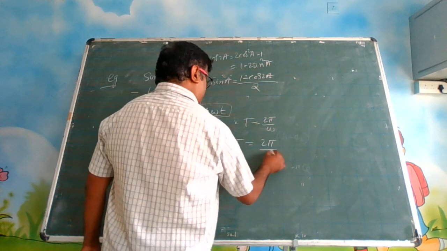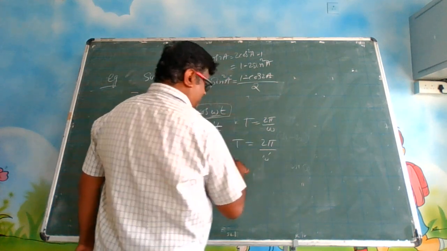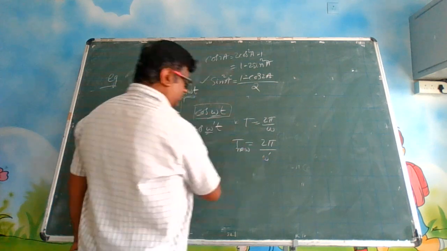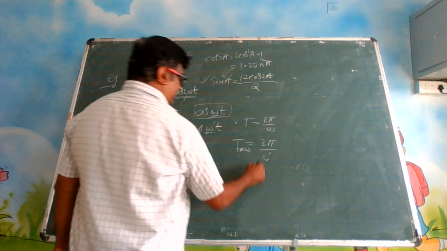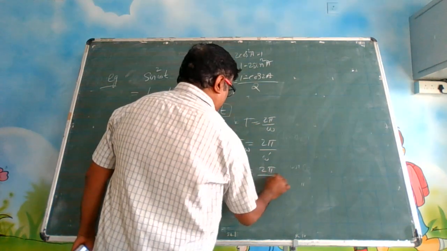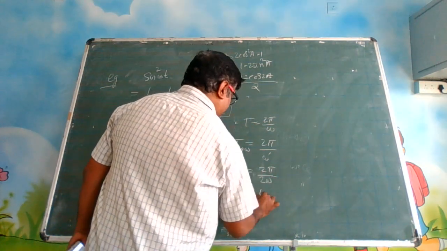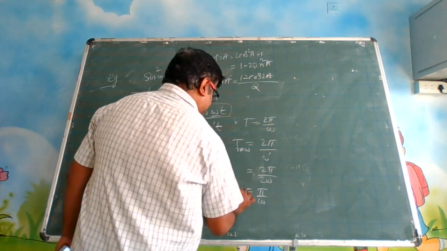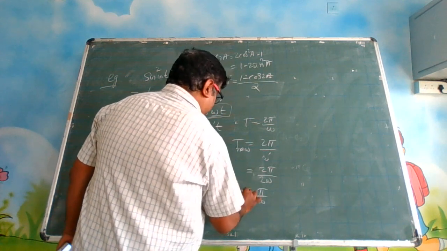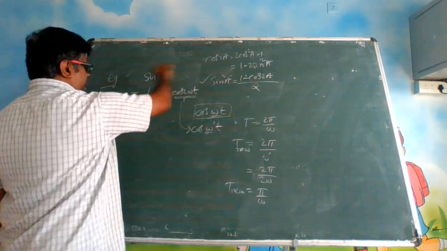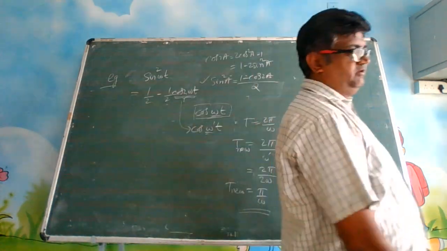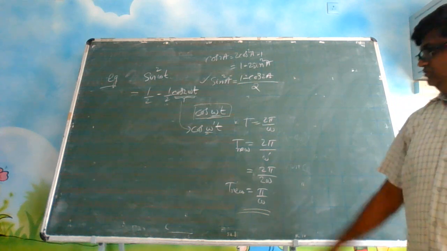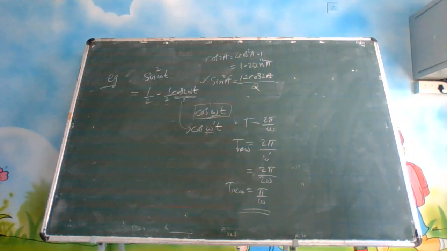So T new will be equal to 2 pi by omega dash, or 2 pi by 2 omega. The new time period for this function is pi by omega.